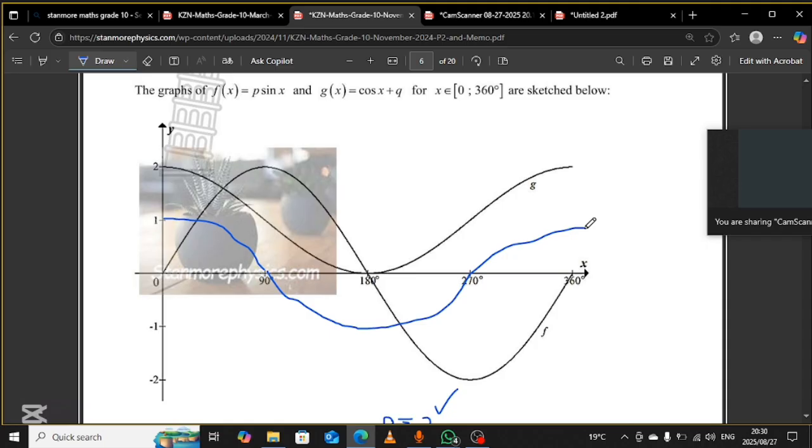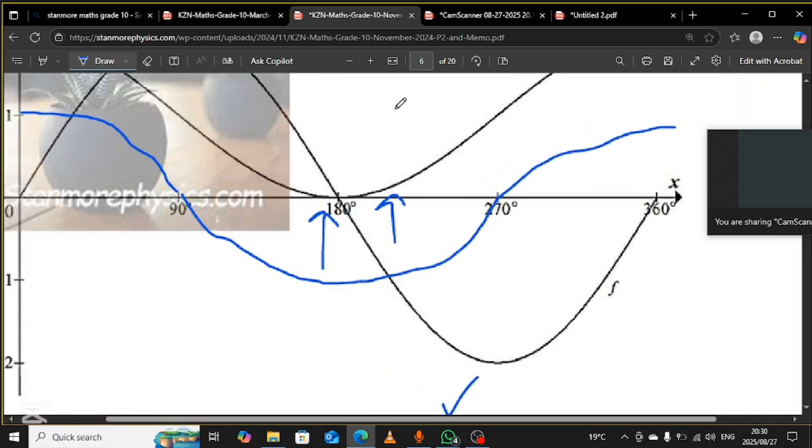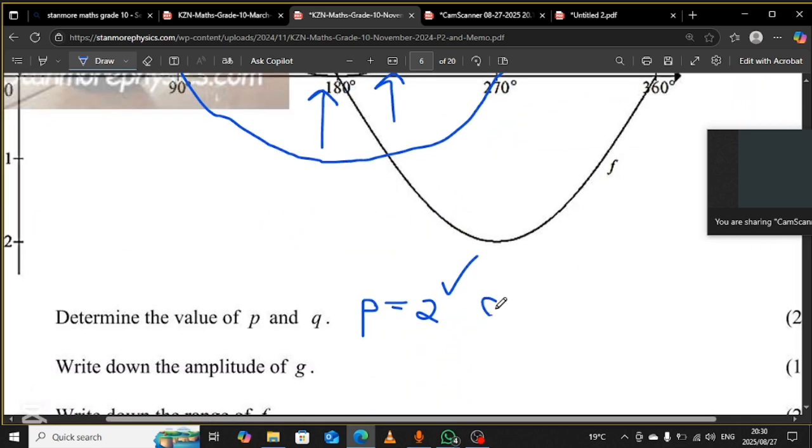It shifted upwards by 1. That's the transformation. So what is Q? It's the shift. So Q is equal to 1. Another mark. So 2 marks.